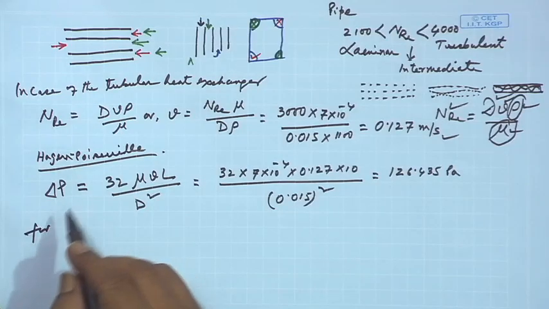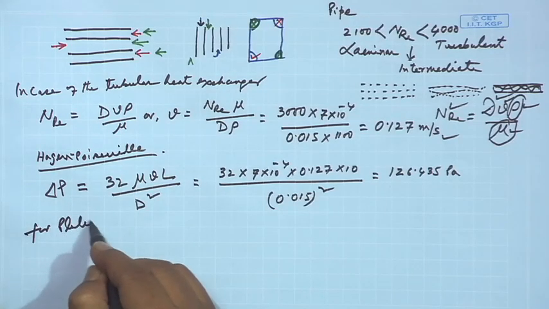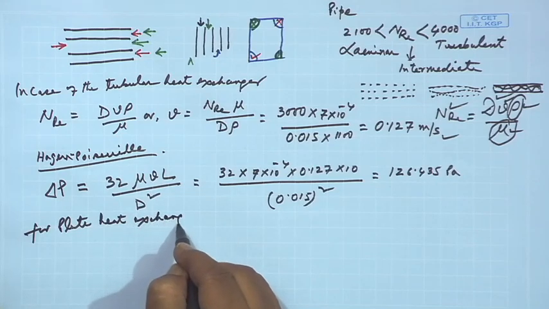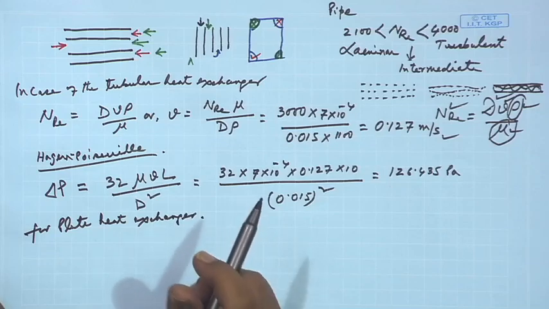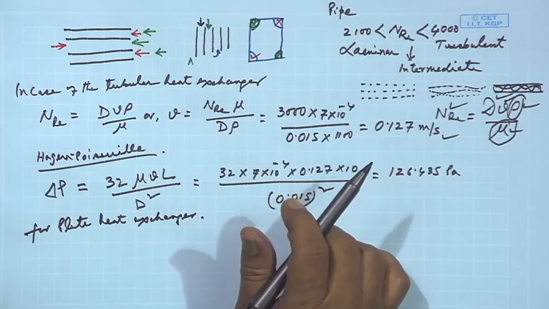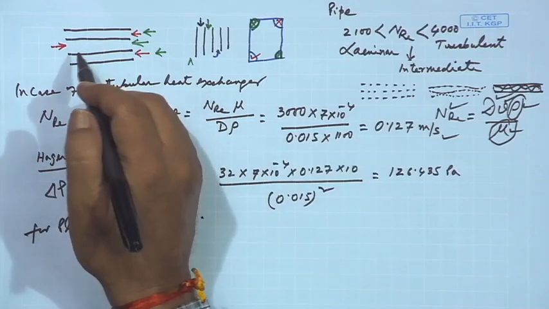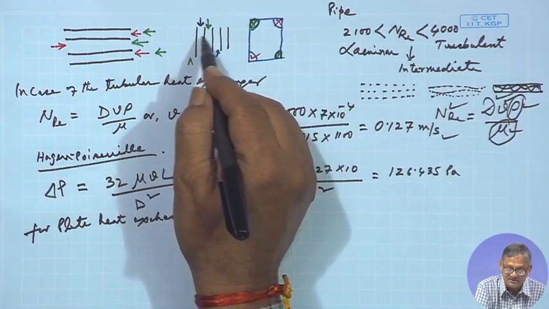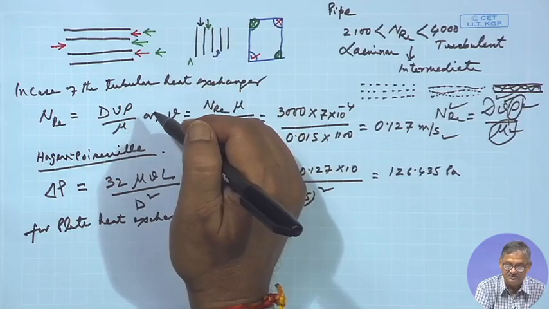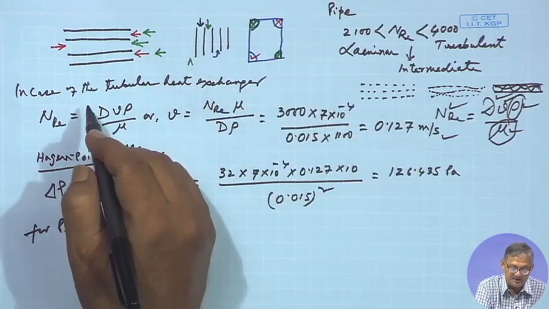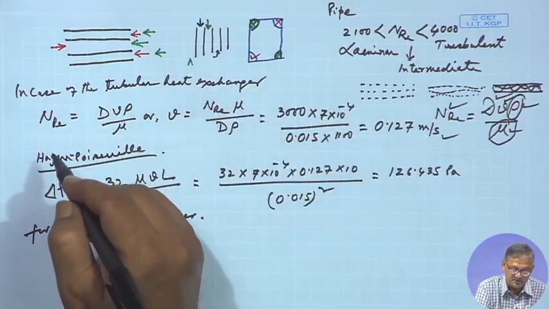This is for the tubular heat exchanger. So, for the plate heat exchanger, here it was a pipe, but in this case the plates are very close, and we can assume that.